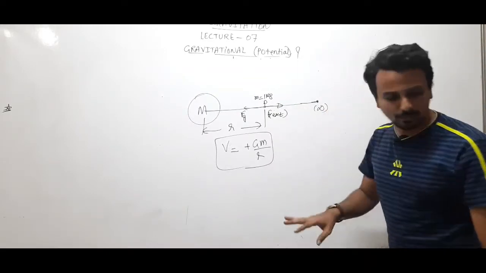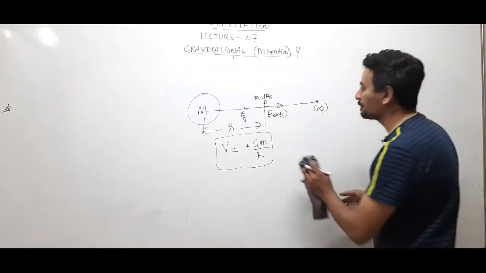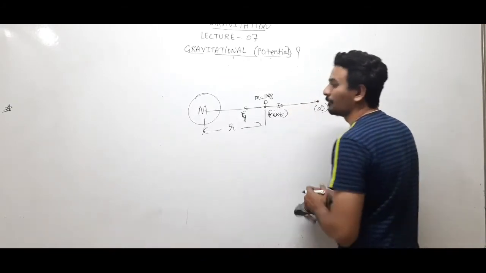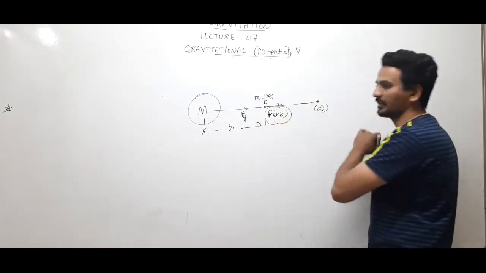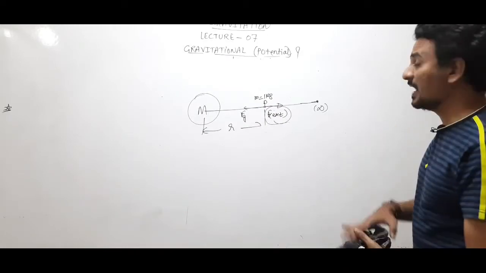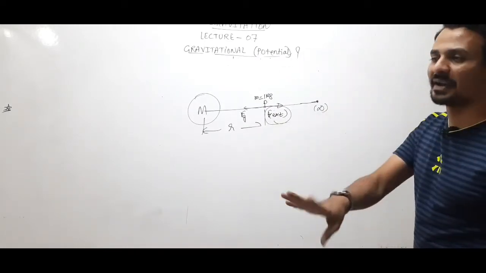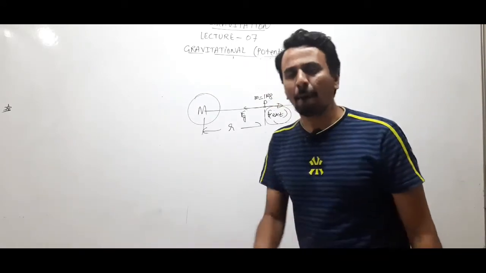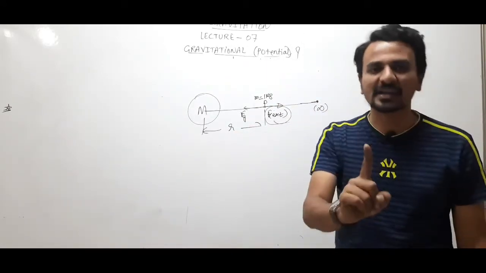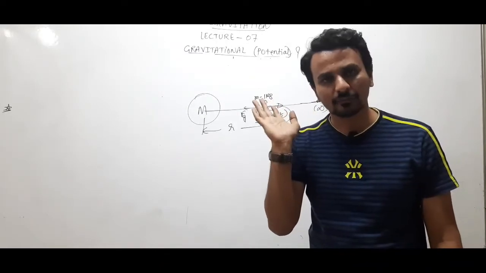So when you are taking the body from point P to infinity, work is done by this external force, and when the unit mass is coming from infinity to a point P, then work is done by the gravitational force. So better, whenever you are writing the formula of potential, it should be negative, right?